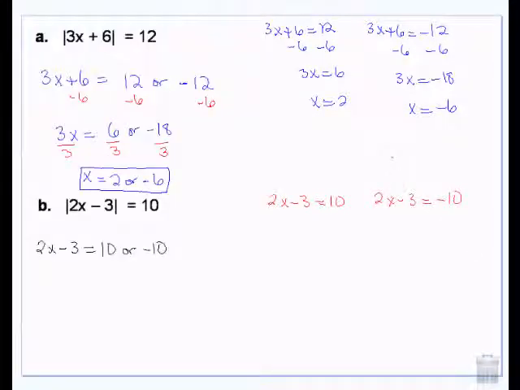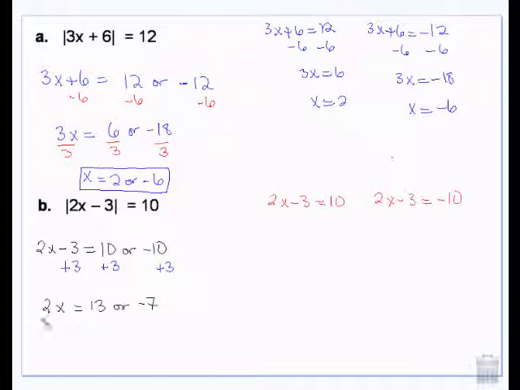Okay, so here I'll add 3. Just remember, if you do it as a compound, you have two things on the other side that you're having to add 3 to or divide by whatever. You want to make sure you account for everything. So I get 2x equals 13 or negative 7.